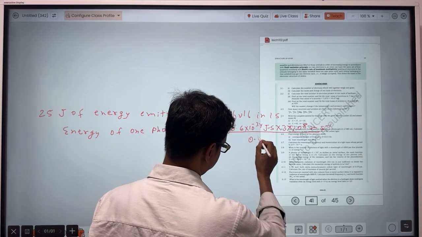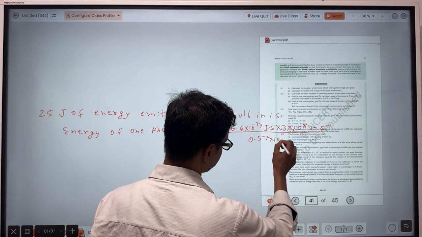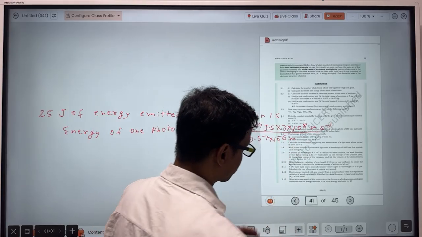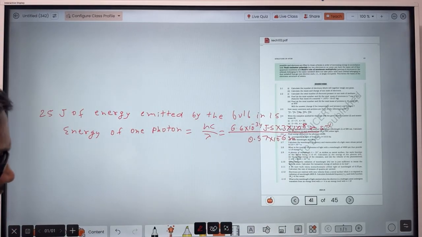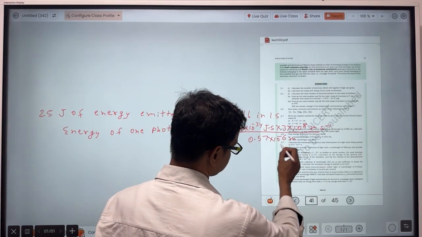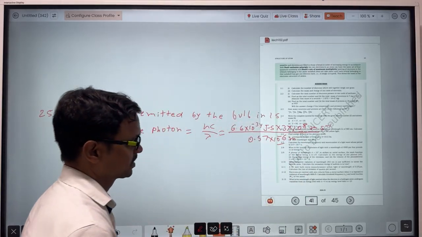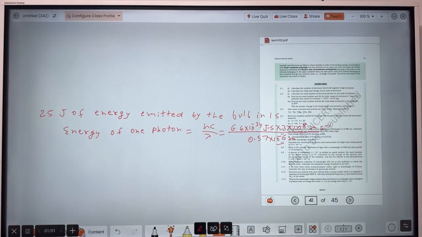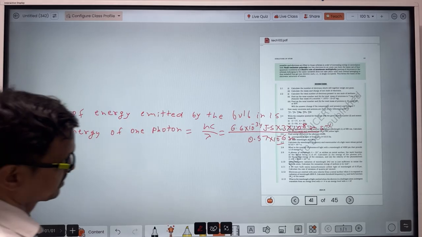That means 0.57 into 10 to the power minus 6 meter, since micro means 10 to the power minus 6. So 6.6 into 3, how much is there?